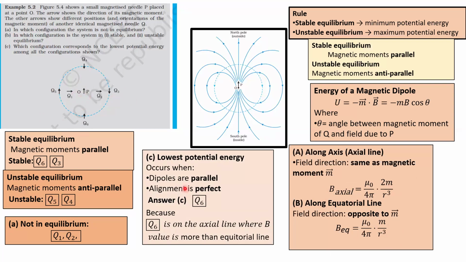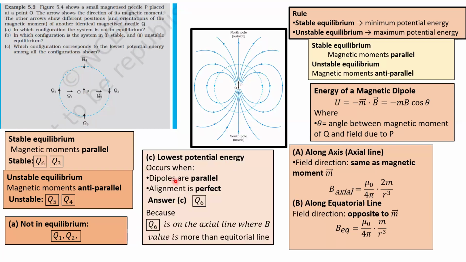For minimum potential energy, the formula is minus m dot B. So if the magnetic field is more, the energy is less. m is constant. So the magnetic field is more along the axial line, and Q6 is along the axial line. Therefore, even though there is stable equilibrium in two positions, the energy is lowest along Q6.